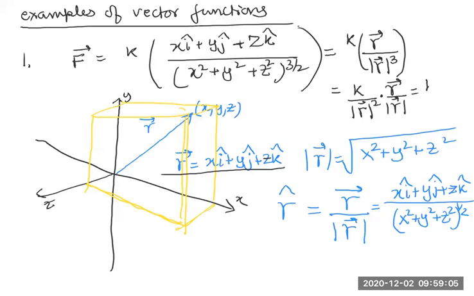So this will be k divided by magnitude of r square r cap. Did you agree with this? I hope everybody is agreeing with this.